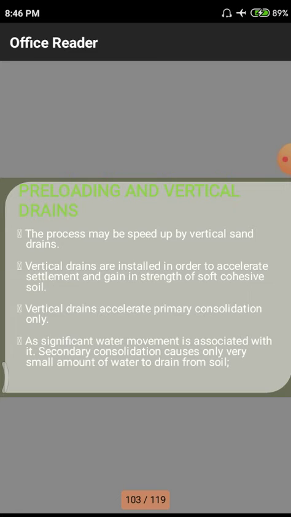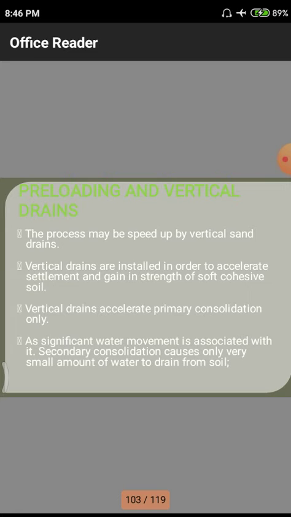Next, a significant water movement is associated with secondary consolidation, which causes only a very small amount of water to drain from the soil. That means in the secondary state also, by applying these loads, there may be a small amount of water removed from the soil.